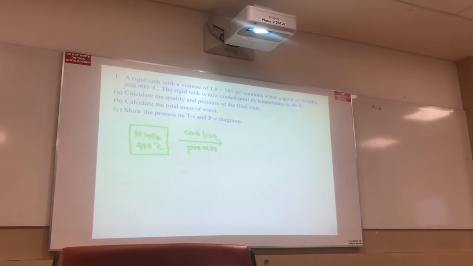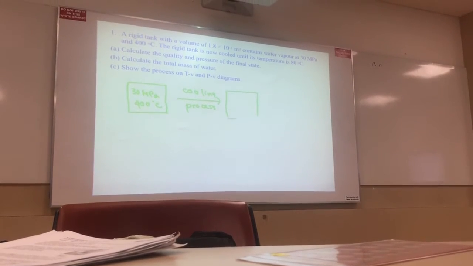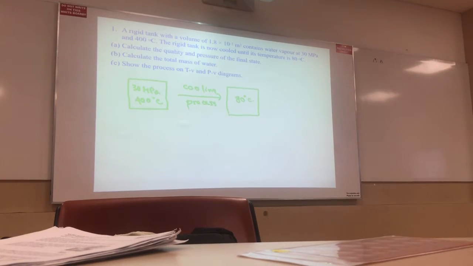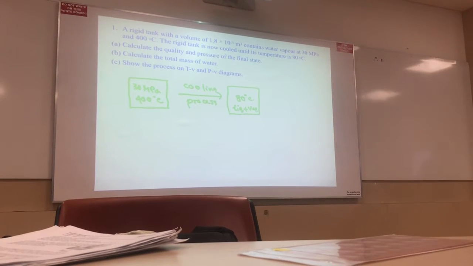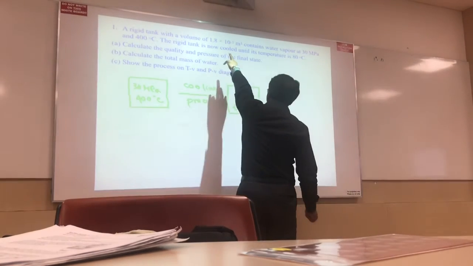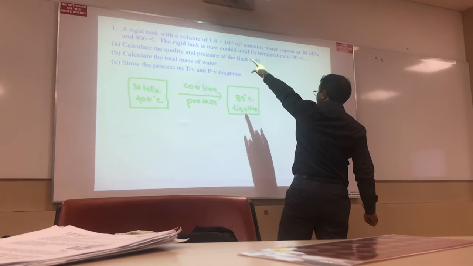I can see the final temperature is 80 degrees Celsius, with liquid plus vapor mixture, right? So this is the understanding. The question also tells me the volume, 1.8 given.